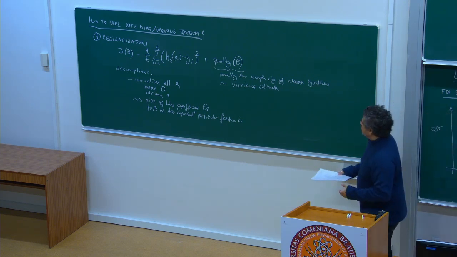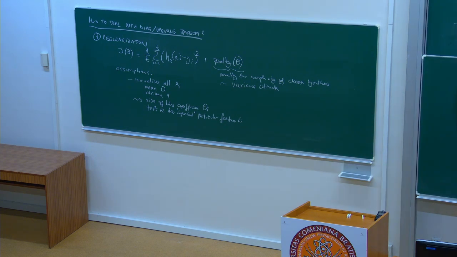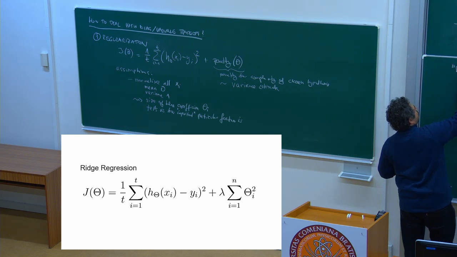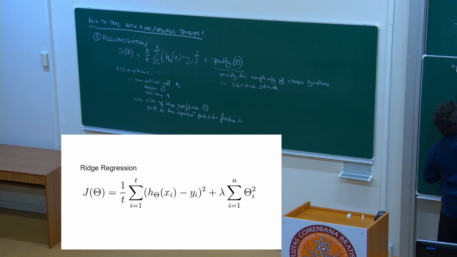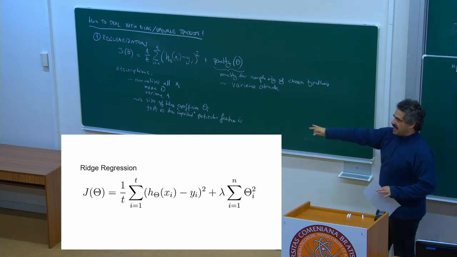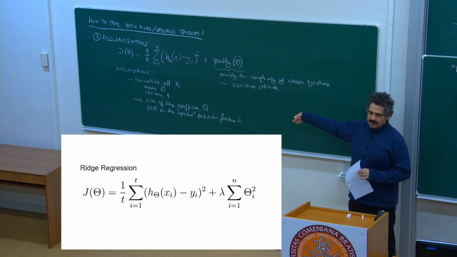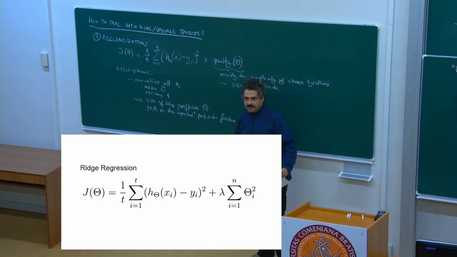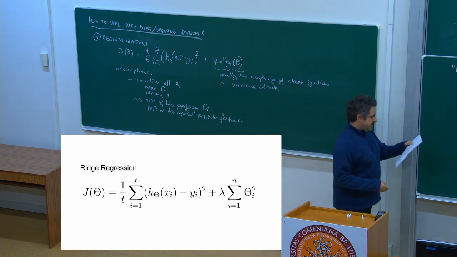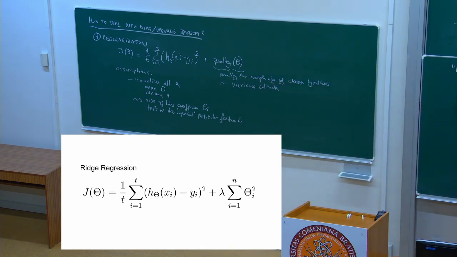And so there is a method called ridge regression that capitalizes on this idea that the importance of these individual features is related to the size of the coefficient. Basically, it says let's try to penalize large coefficients, because they make things unstable.